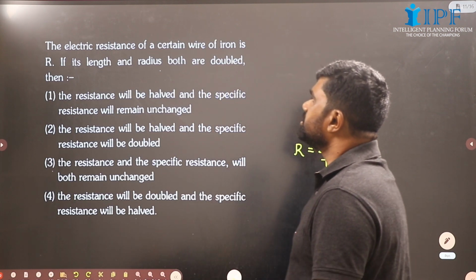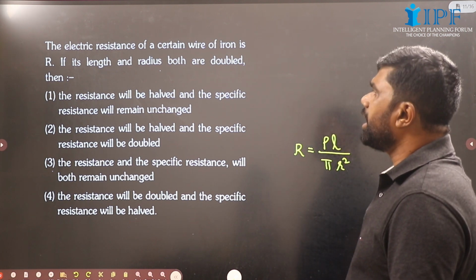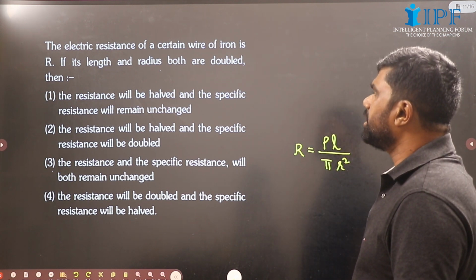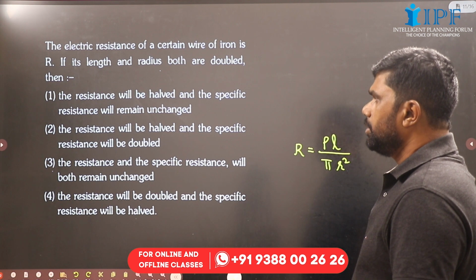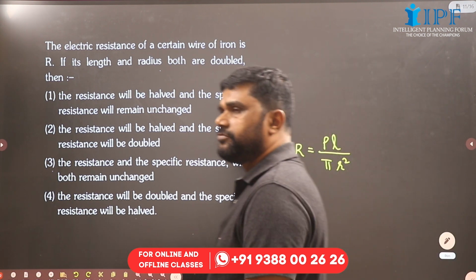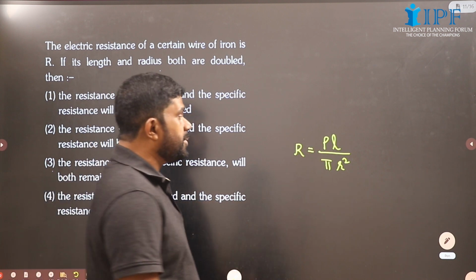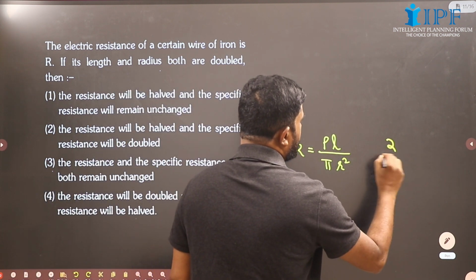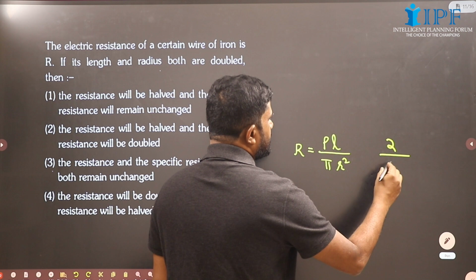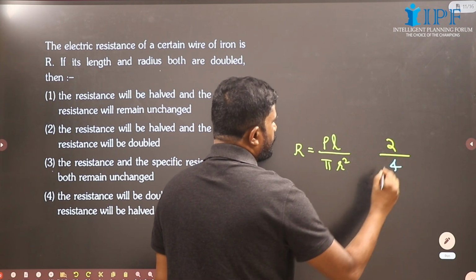Now the electric resistance of a certain wire of iron is R. If its length and radius both are doubled, see, this is the expression for the resistance. When length is doubled, resistance will become twice. When radius is doubled, the resistance will become 1/4.